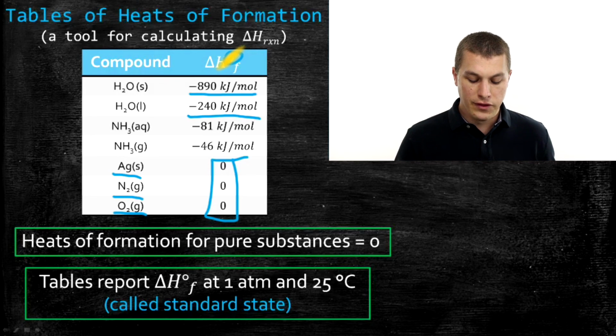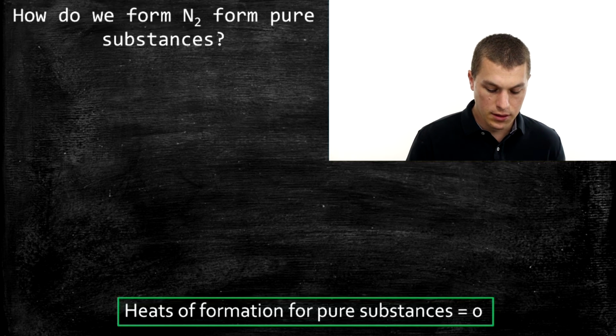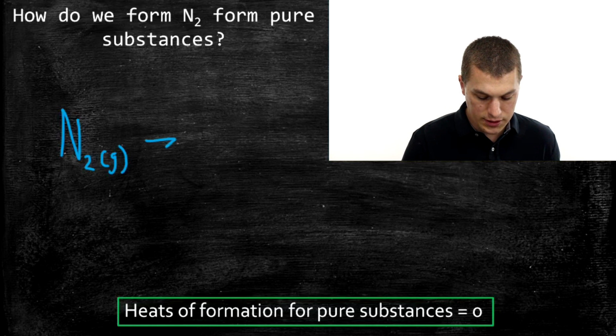All right, let me talk a little bit more about why heats of formation for pure substances are 0. So let's say we want to form nitrogen, N2, from pure substances. What reaction would that be? Well, what we do is we need to start out with the pure substance that is nitrogen, which is N2. And then we need to go ahead and take that to N2.